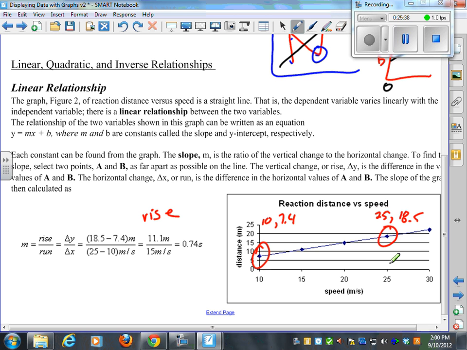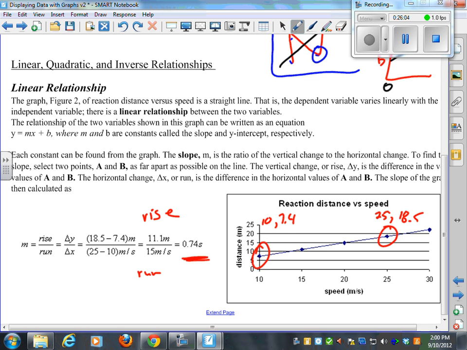The run is from 10 to 25, so it's 25 minus 10, which is a run of 15, giving me a slope of 0.74. Does it not matter which one you pick first in terms of precision? You'll notice that it's 0.74 s.